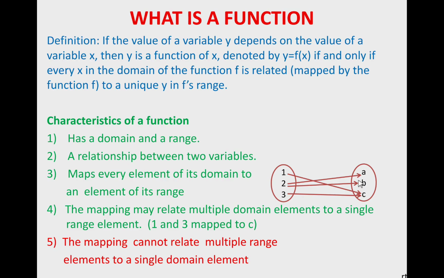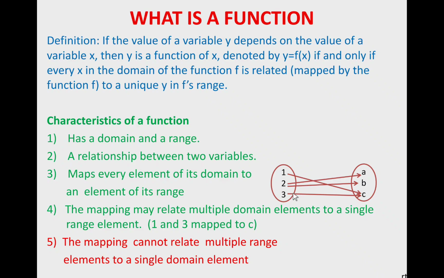So mapping the students to their grades is a function. But here, this cannot be a mapping of grades, because student number 2 cannot have a grade in the same subject as A and also have B for the same subject. It cannot be. So this is not a function.